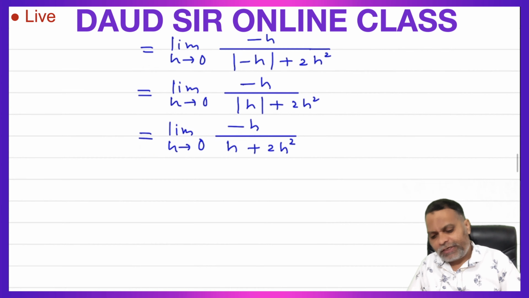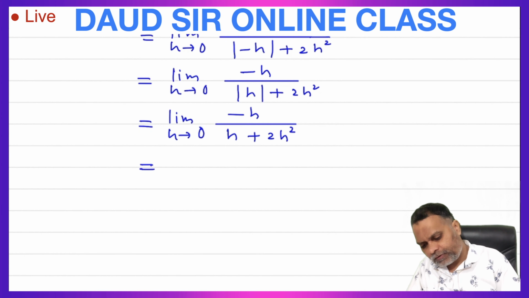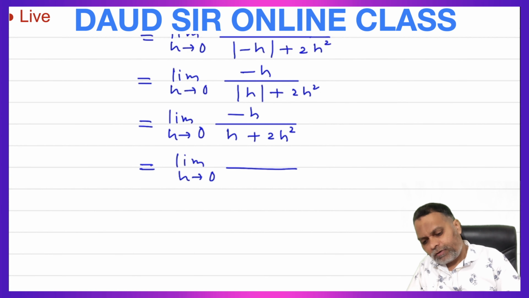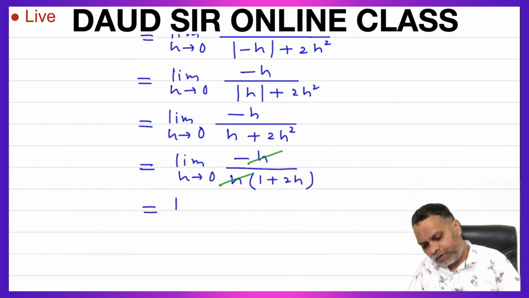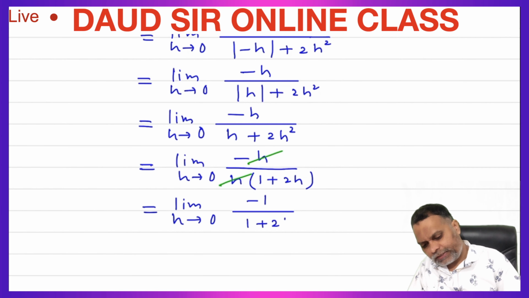From denominator we can take out common h, so limit h tends to 0, minus h upon h common, here 1 left plus 2h left. This h gets cancelled, so which is equal to limit h tends to 0 and numerator minus 1 upon 1 plus 2h.